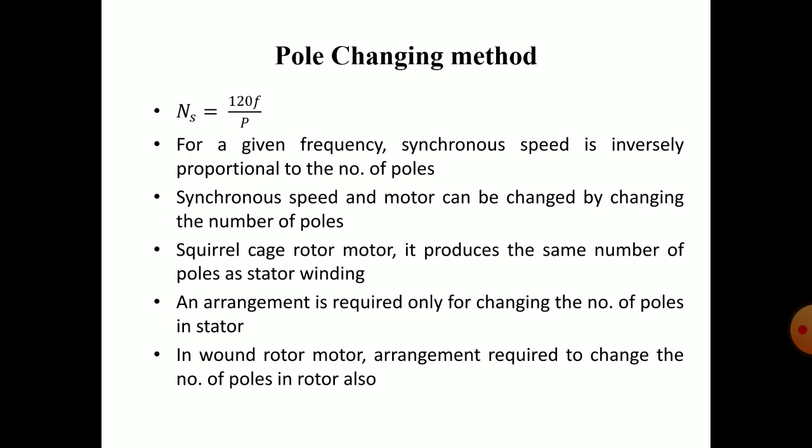So the stator will be having two separate stator windings, and these two will be wound for two different pole numbers with different types of connections, maybe series or parallel connection. We can change the number of poles in the squirrel cage induction motor, and hence the speed can be controlled.